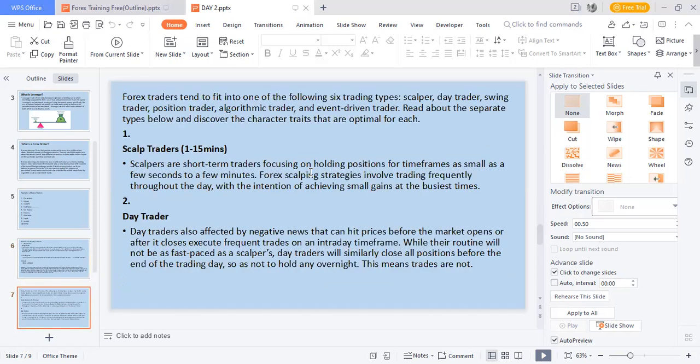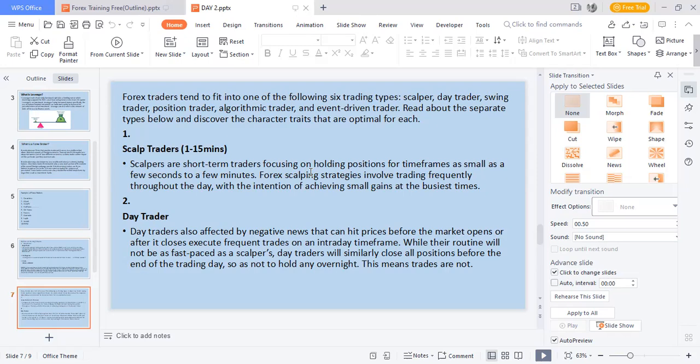Types of traders. Forex traders tend to fit into one of the following categories: scalper, day, swing, position, so on and so forth. So let's take a closer look at which types of traders we have. One, we have the scalp traders. The scalp trader is a trader that trades from a few seconds to a few minutes.